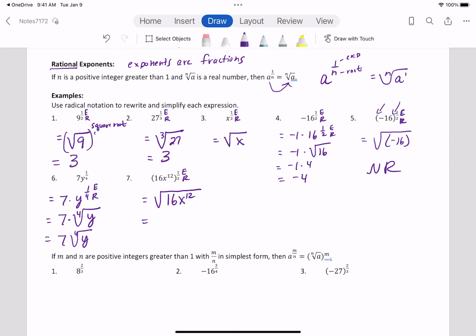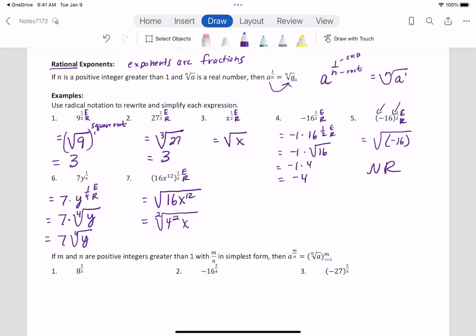So this is where we can use the stuff that we were talking about earlier. I need to write 16 as a number raised to the second power. So I'm going to say 16 is 4 squared.